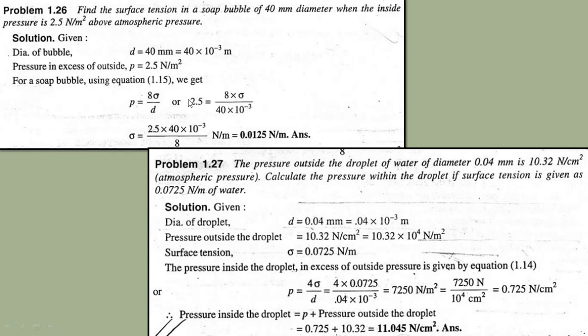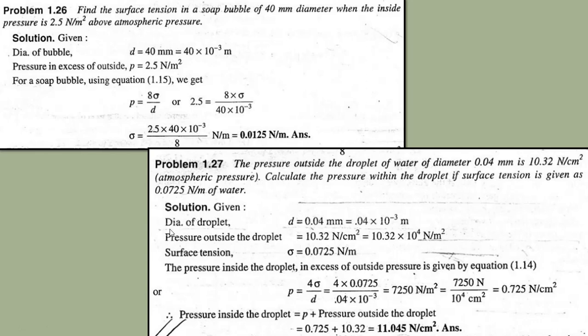So surface tension sigma is equal to 0.0125 Newton per meter. So here unit conversion and units are very much important as far as these examples are concerned.